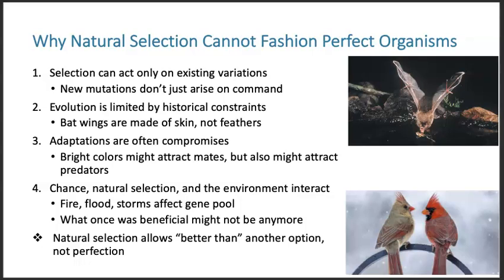Evolution is also limited by historical constraints. And what that means is, it's similar to existing variation, but you have to think about back in time. So, for example, bats' wings are made of skin, not feathers, because in the evolutionary history of bats, they have skin and not feathers. So we have historical constraints.